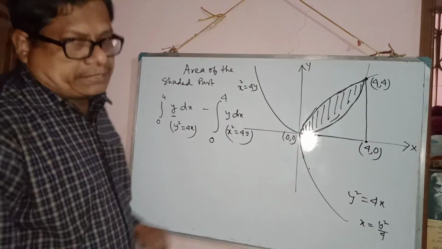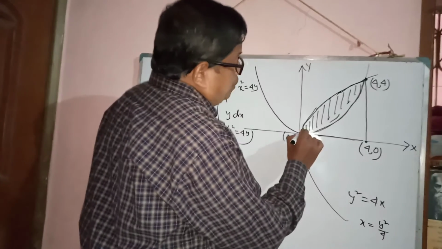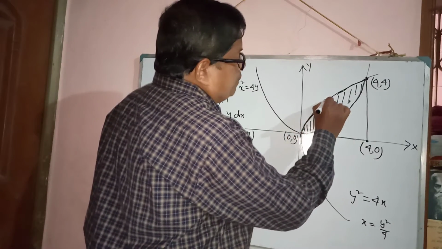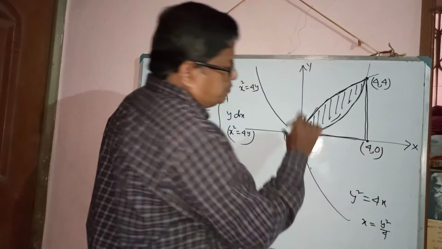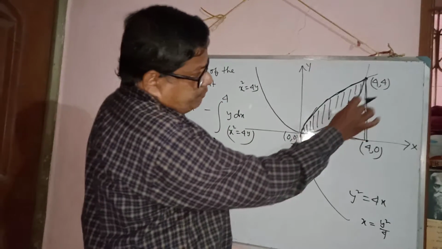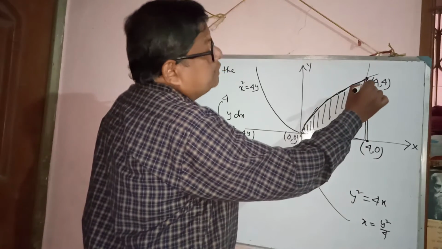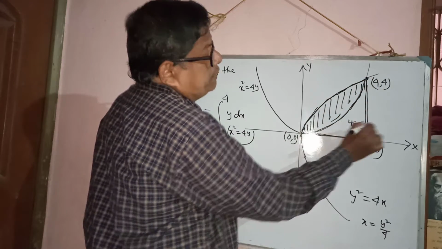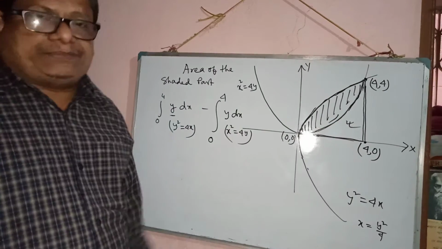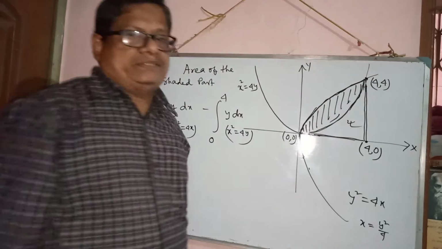If we subtract, from the first curve's area we take away this lower part, this down part, and you will easily get the shaded part.